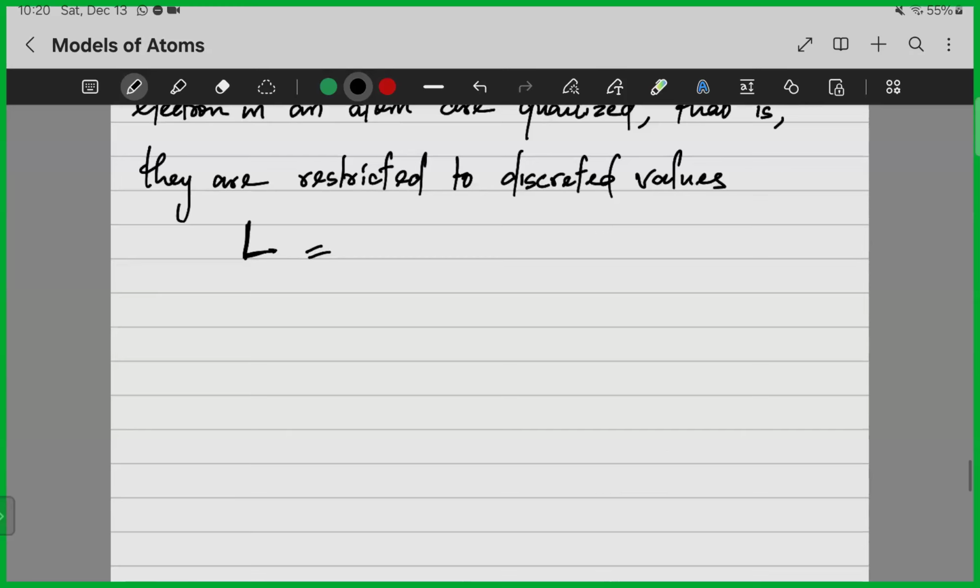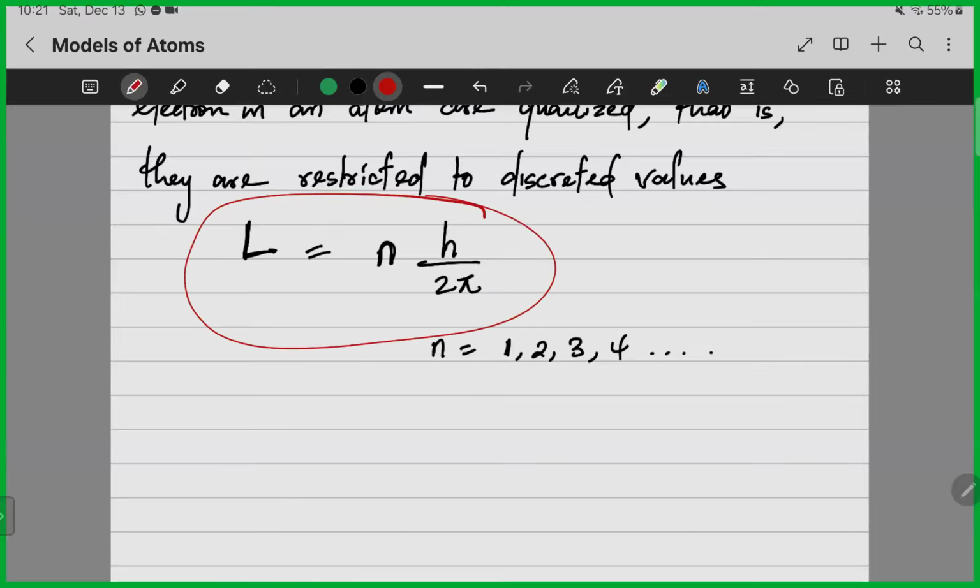L values are h over 2 pi, but there is an n in front. And n, when we say they are quantized, means that n only has values of 1, 2, 3, 4, and it goes on. So this is the formula for angular momentum values.